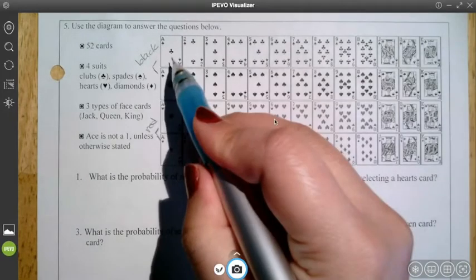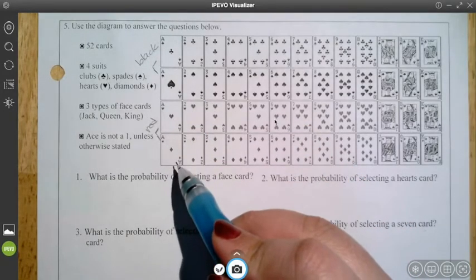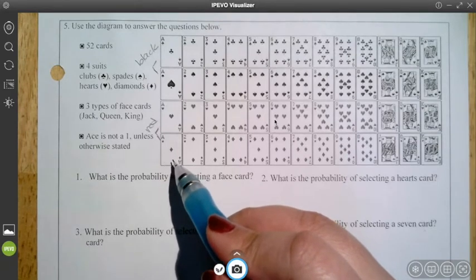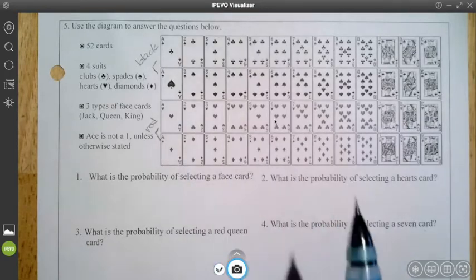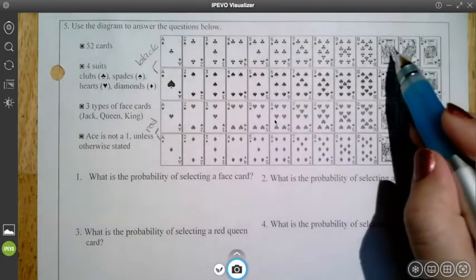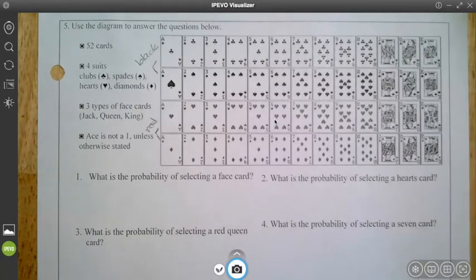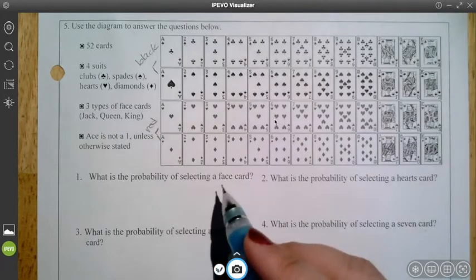Okay, the ace is not considered a face card unless otherwise stated, and it's also not given a value of 1. So the ace can play different roles in the deck, but we won't call an ace a face card unless it specifies. So our face cards are the ones that actually have faces on them. That's the jack, the queen, and the king. And so we want to know, what is the probability of selecting a face card?